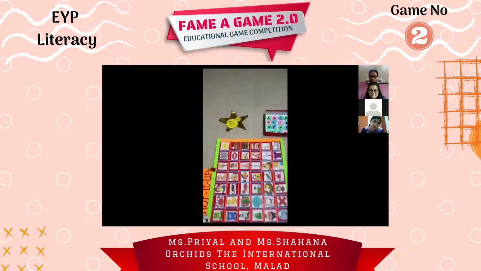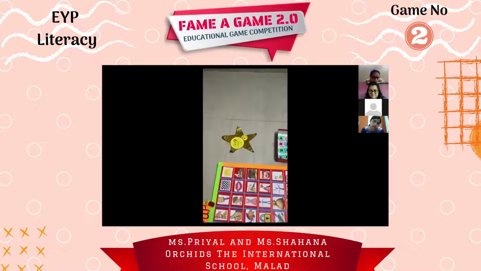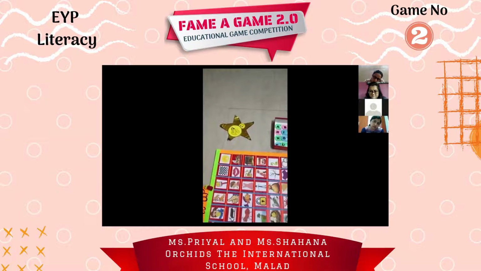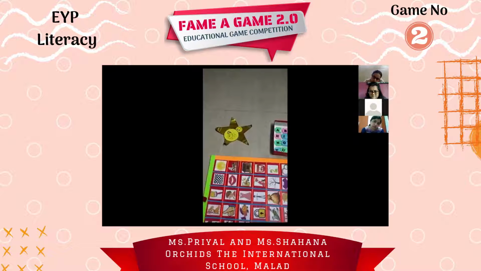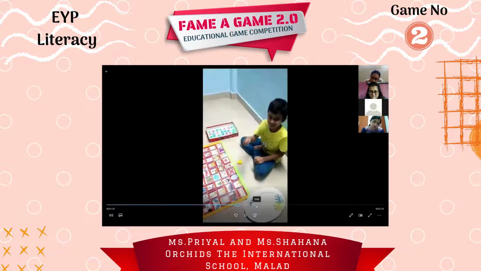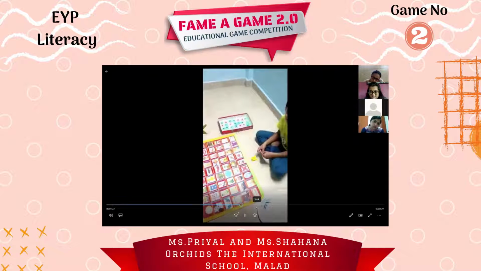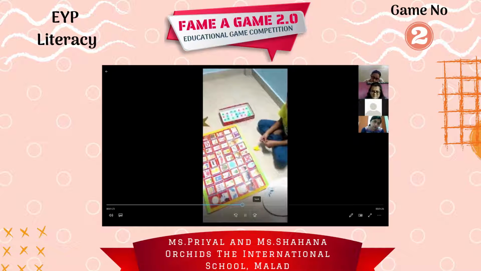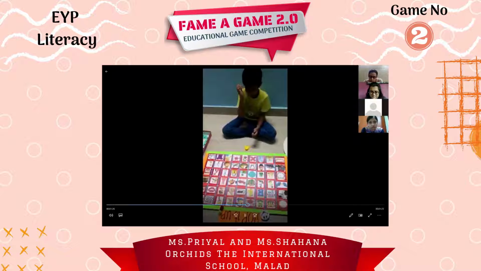Those who make it quickly, clearly, and nicely, teacher is definitely going to give you rewards as well. So children, shall we start with the game? Yes. Each child will get 2 chances. Okay, now you can start your game. Come on, start.